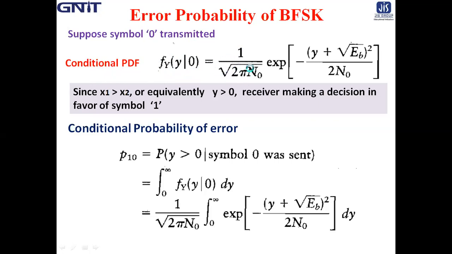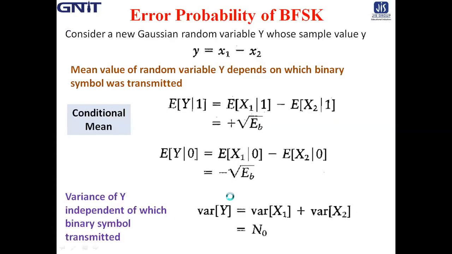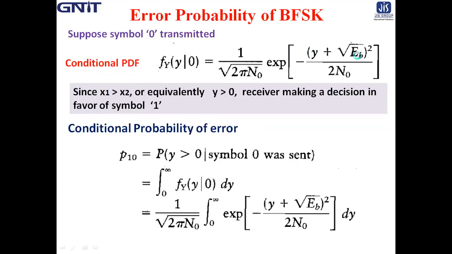So it is 1 by square root of 2 pi N0, into e to the power minus. If symbol 0 is transmitted, then its mean value is minus root over EB. So here it is y minus mean, which ultimately is plus: y plus root over EB whole square by 2 N0.